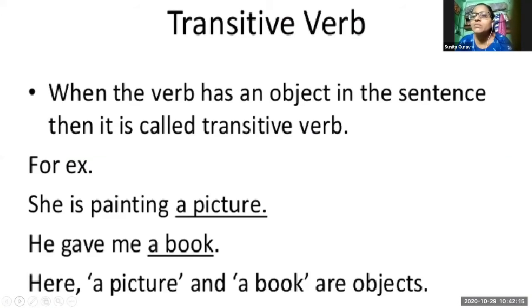When the verb has an object in the sentence, then it is called transitive verb. We cannot say definition, it's a meaning, because a definition is given by some important personality. But this is the meaning, okay? When the verb has an object in the sentence, then it is called transitive verb.